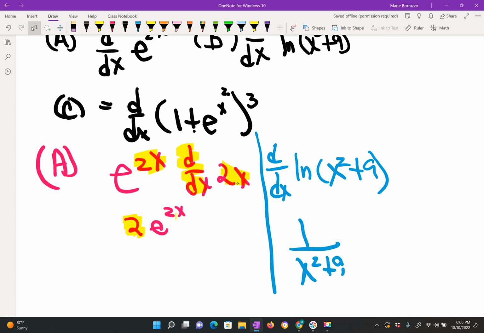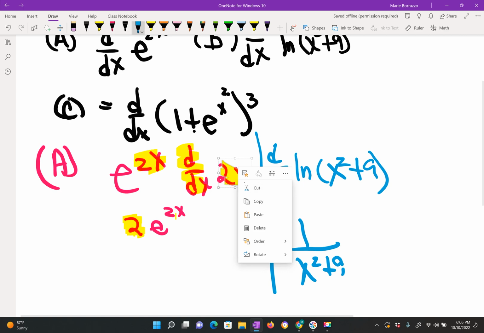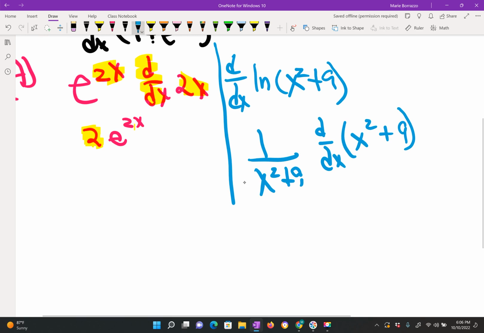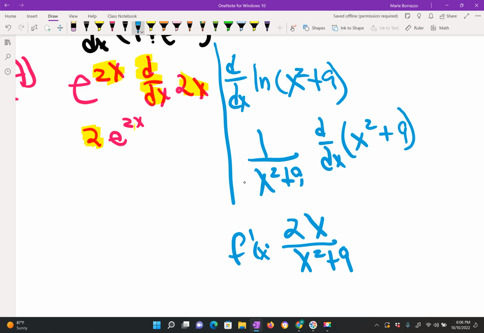Because that's the first derivative of that. Okay, and now we're going to take d over dx of x squared plus 9. Well, what is that? This is just 2x. So I have really final answer of 2x over x squared plus 9. That's my first derivative. Does it make sense?